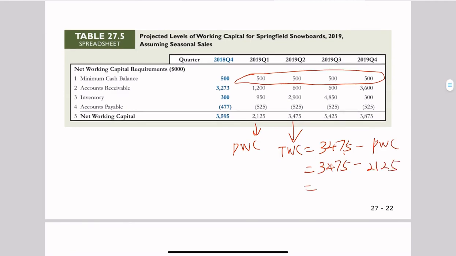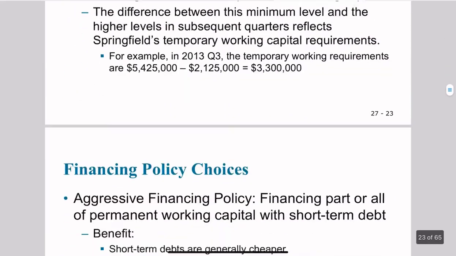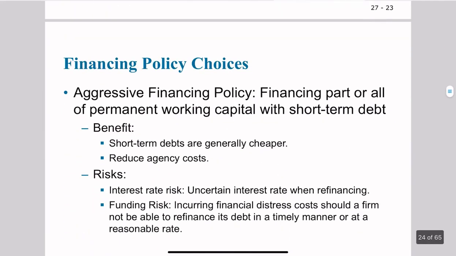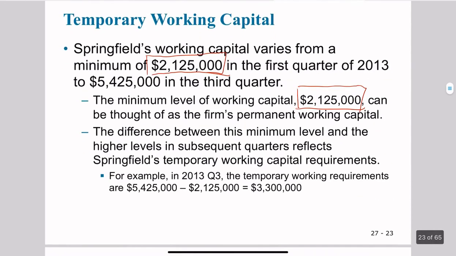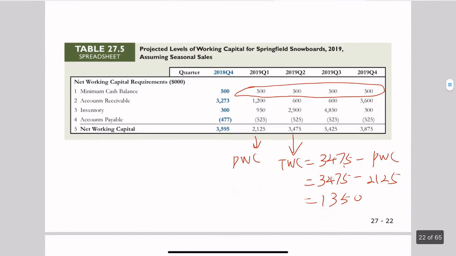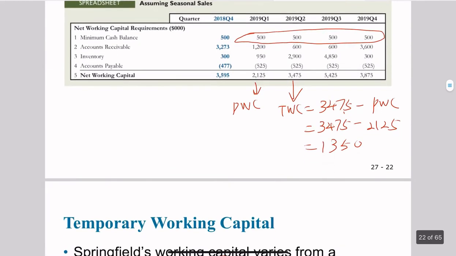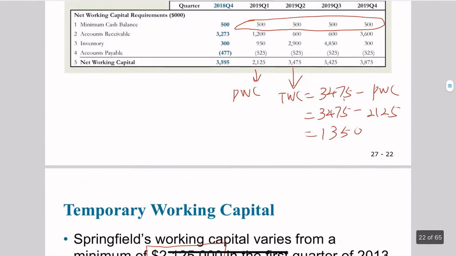So it would be 1,350, right? Oh, by the way, if you use the matching principle here, then to finance this amount, you will use long-term financing, and to finance this amount, you will use short-term financing.